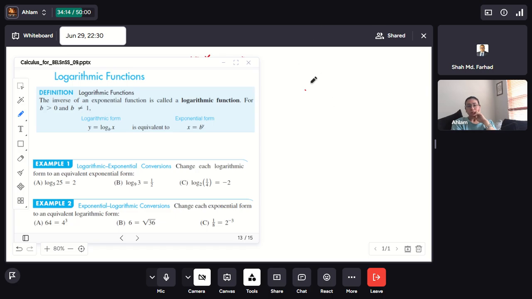If we have 2 power 3, that means 8. And if we convert it into a logarithm, we have log base 2 of 8 equals 3. So there is a relation between exponential and logarithmic functions.